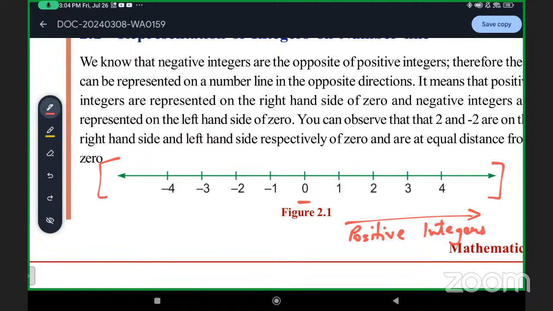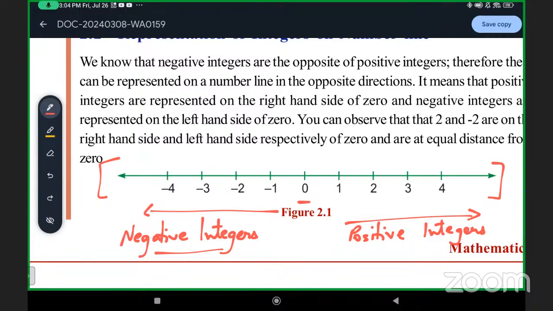On the left side, there are numbers in minus, like -1, -2, -3, and so on. These are known as negative integers.